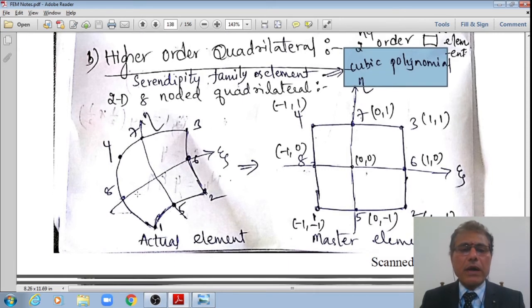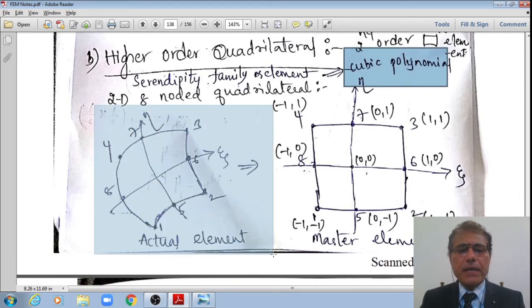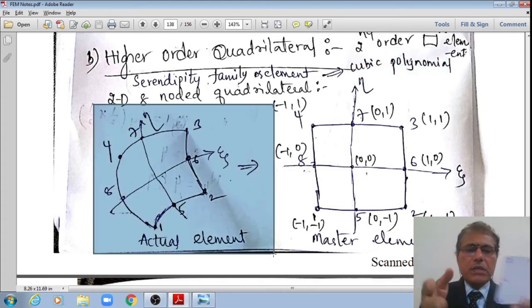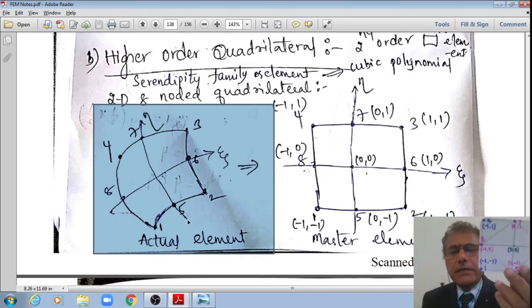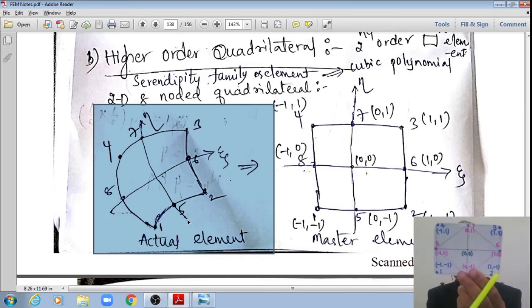Now I'm considering an actual element whose edges are curved edges, because these are now cubic polynomials, right? That is how along xi and eta I do have the nodes. Students, please see, node 1 at -1, 1, because this is my origin at 0, 0.